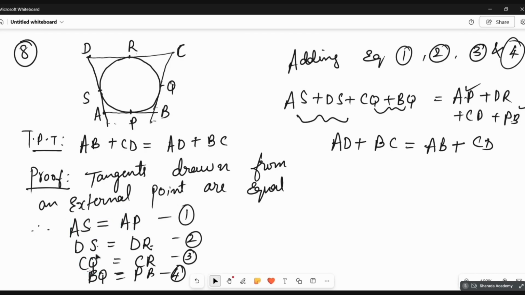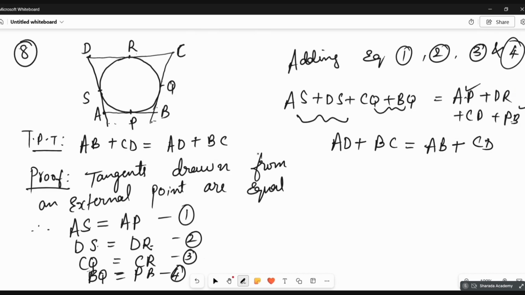AS is equal to AP, DS is equal to DR, CQ is equal to CR, BQ is equal to BP. Whatever I told, I've written here. Add all the equations. AS plus DS is AD. CQ plus BQ is BC. AP plus BP is AB, and CR plus DR is equal to CD.